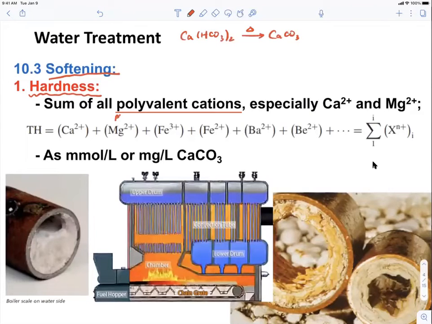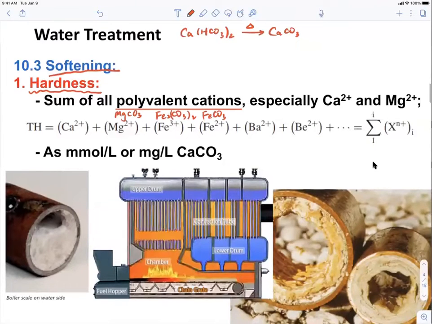So the same for magnesium carbonate or the iron carbonate, right? Or the ferrous carbonate. Right? So all of these can form solids. So that's why the hardness is defined as a sum of all the polyvalent cations, right?